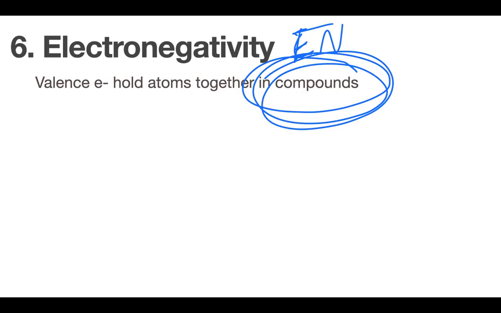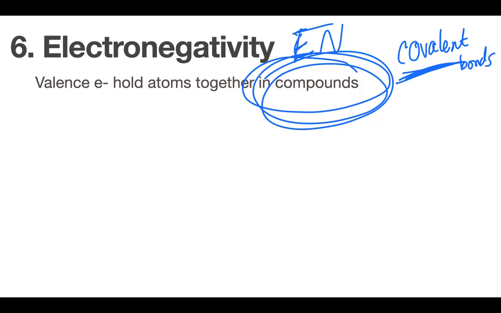Electron affinity is how much a neutral atom all by itself wants an electron. Electronegativity is when you have a compound with more than one atom: how much does each atom attract the electrons in that compound, particularly with covalent bonds? Because these are when electrons are being shared.